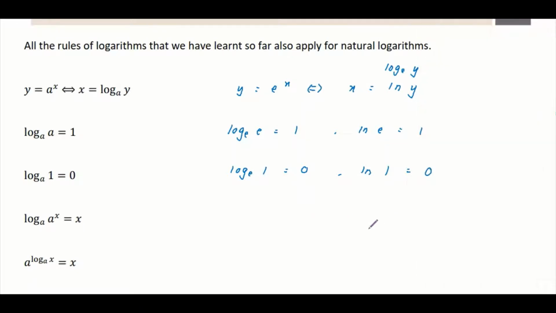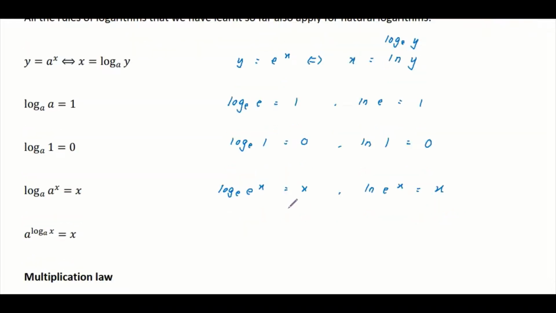Let's go to the next one. Log to the base of a of a to the power of x equals x. So log to the base of e of e to the power of x equals x also. When we change it to ln, it will be ln e to the power of x equals x. Next one, same thing: e to the power of log to the base e of x equals x.